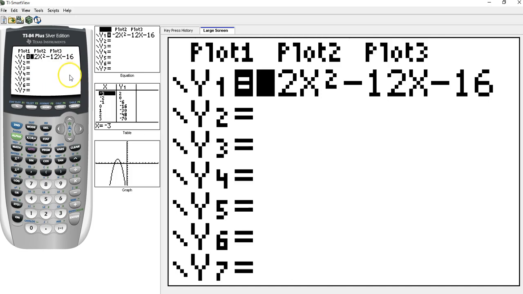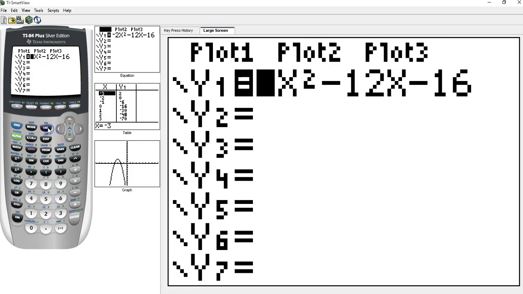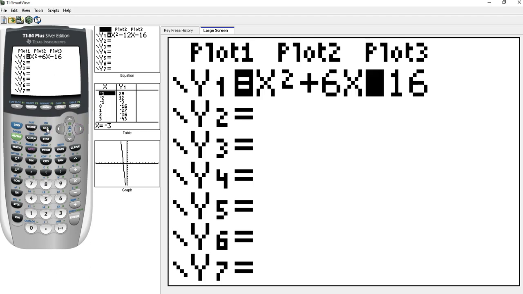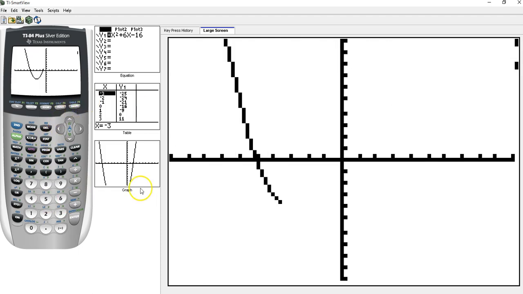And if you want to do the x squared plus 6x plus 5, go ahead and graph that one.